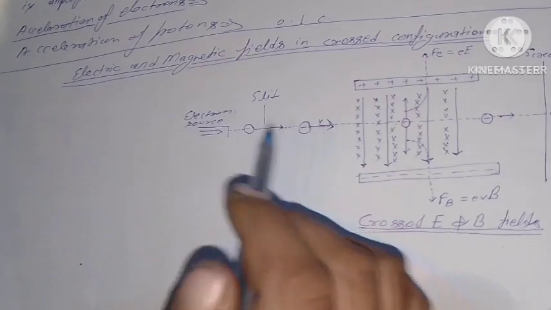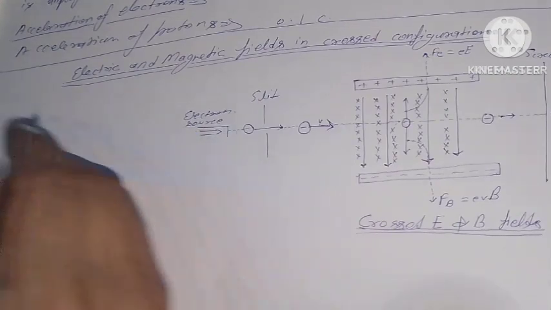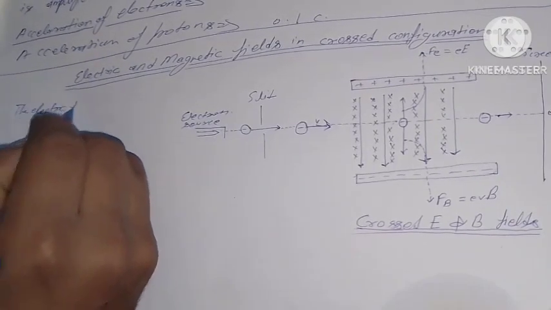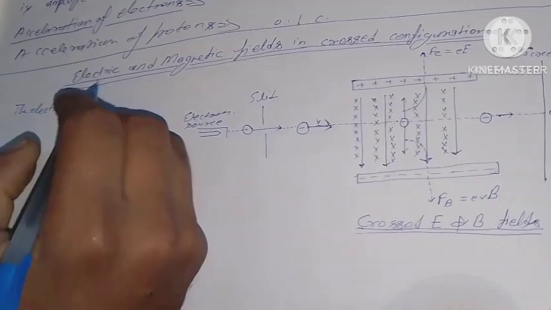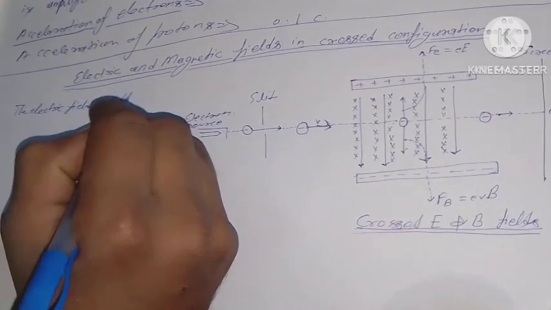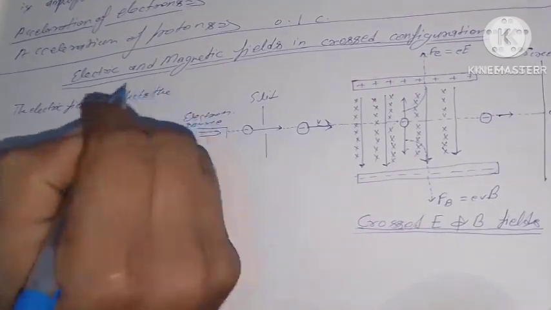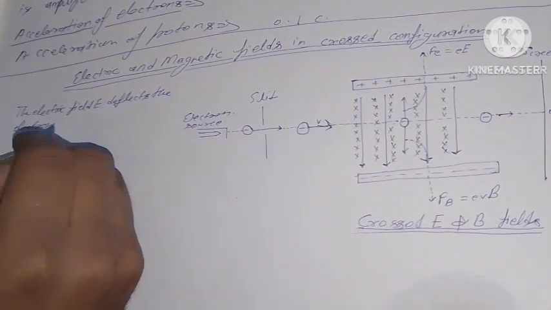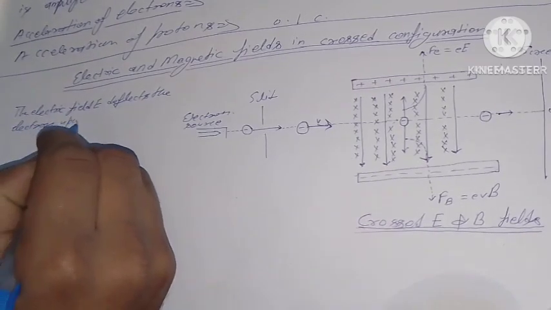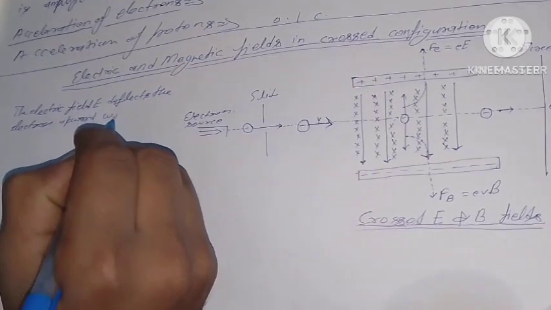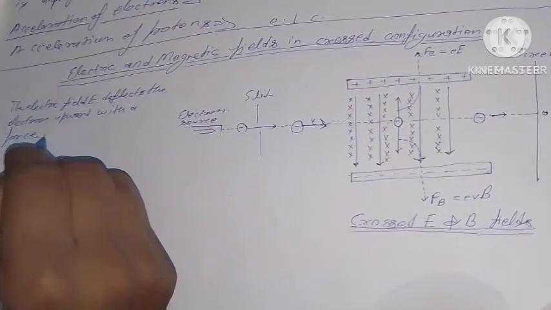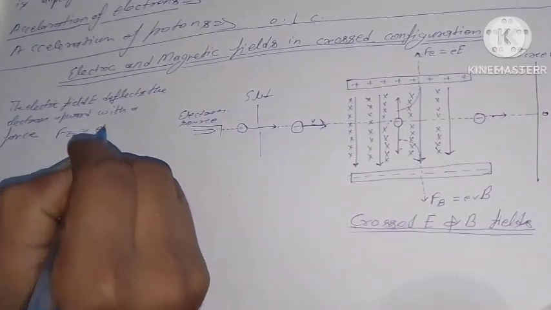The electric field E deflects the electron upward with a force F_E equal to eE.